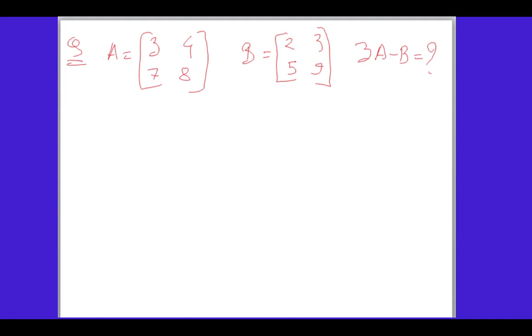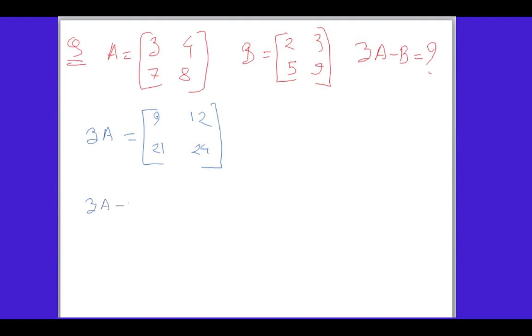Okay. So first we have to calculate 3A. 3A means multiply every element of the matrix A by 3. 3 3s are 9, 3 4s are 12, 3 7s are 21, 3 8s are 24. Okay. Now we have to subtract B from 3A.